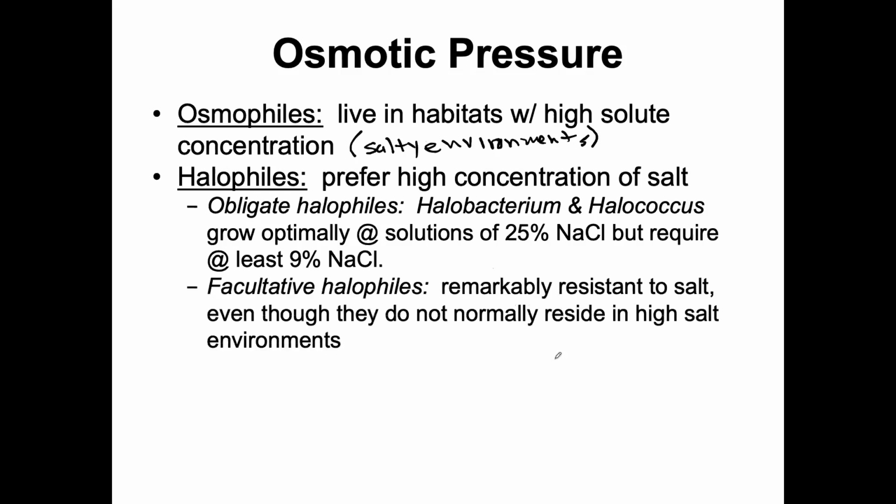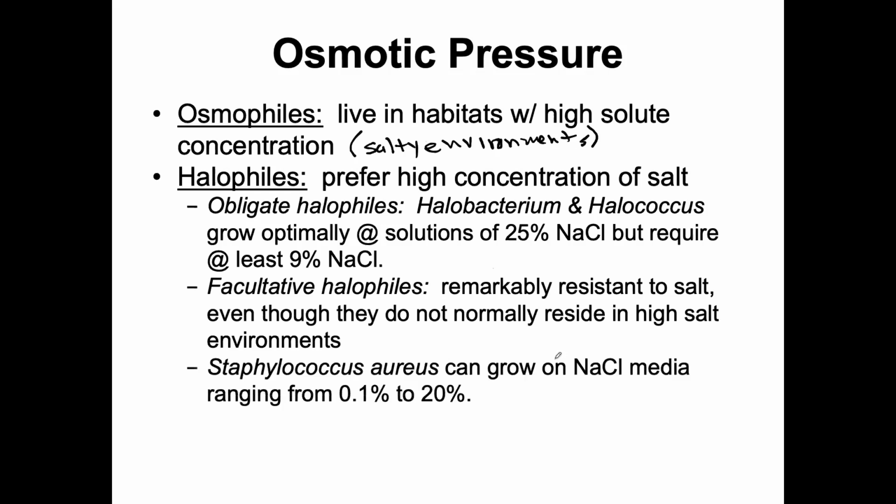Facultative halophiles can switch off. They're salt resistant, but they don't normally live in those environments. Staph is an example. It can grow on media that contains sodium chloride between 0.1 all the way up to 20%.